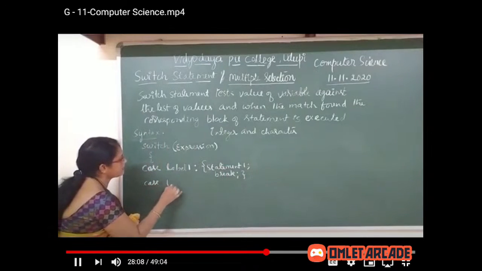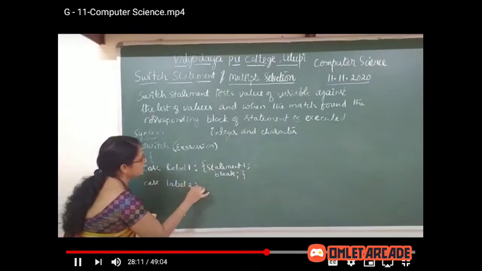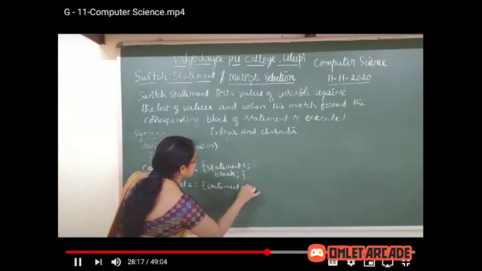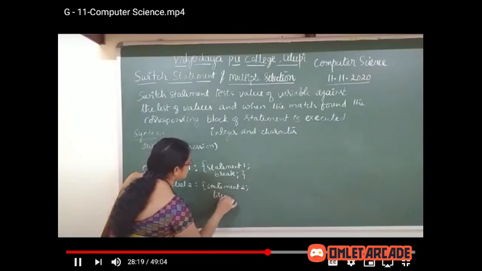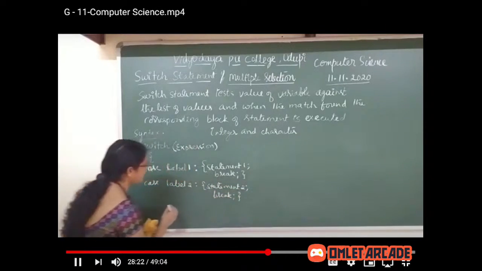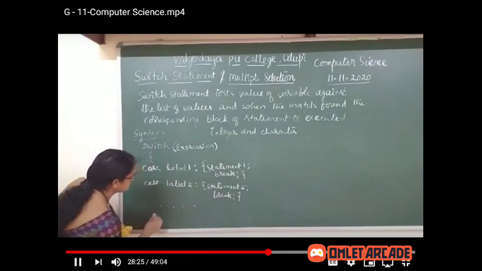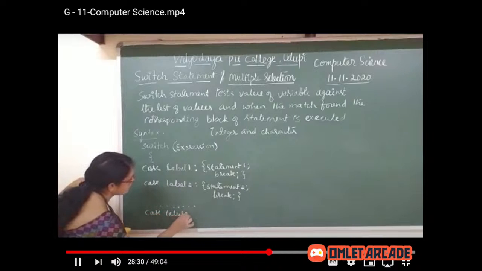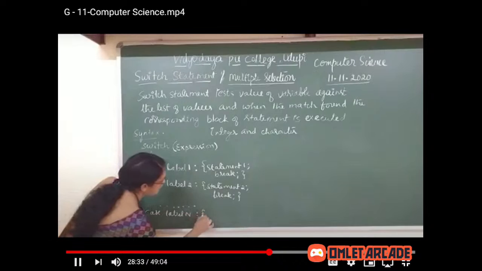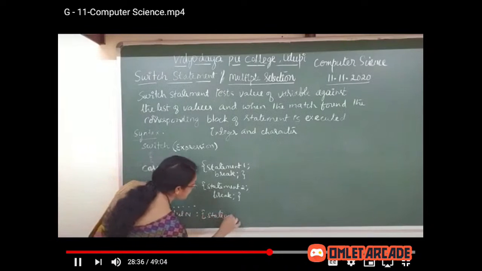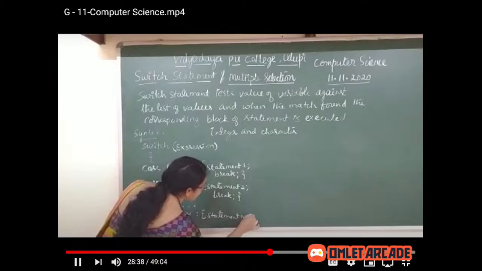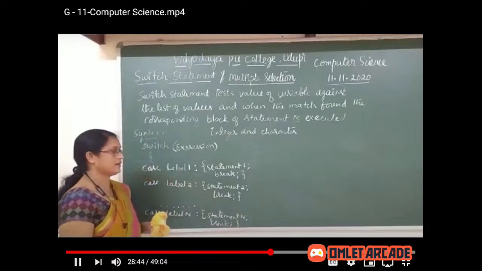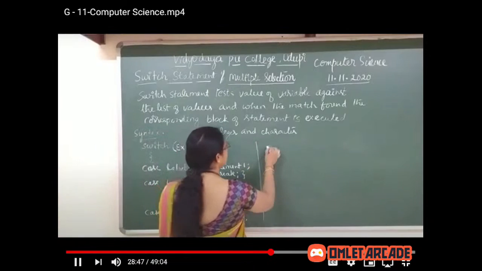Next, case label 2, next statement, break. Close the flower bracket. Put dot dot dot. Next case label n, statement n, break. Close the flower bracket. Next, default.